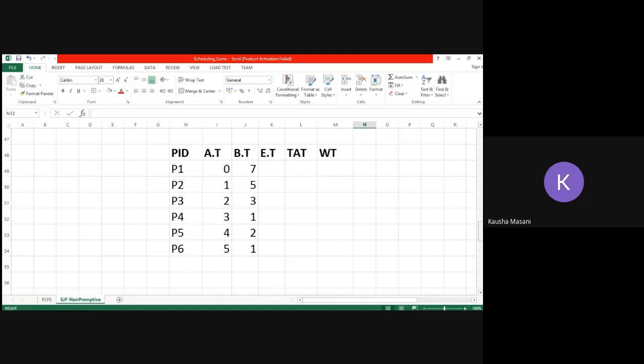Okay. Let me save this file for you so that when I share, you can get all the sums. With this, we are completing your SJF non-preemptive.